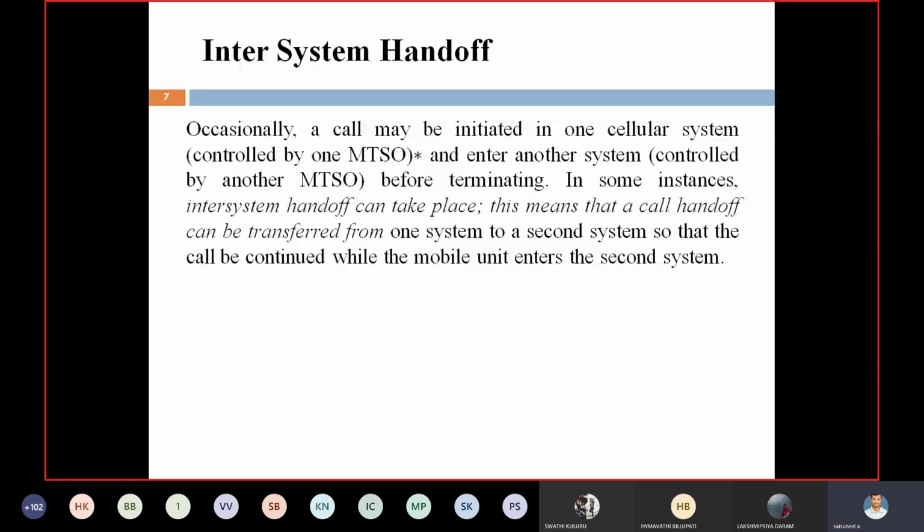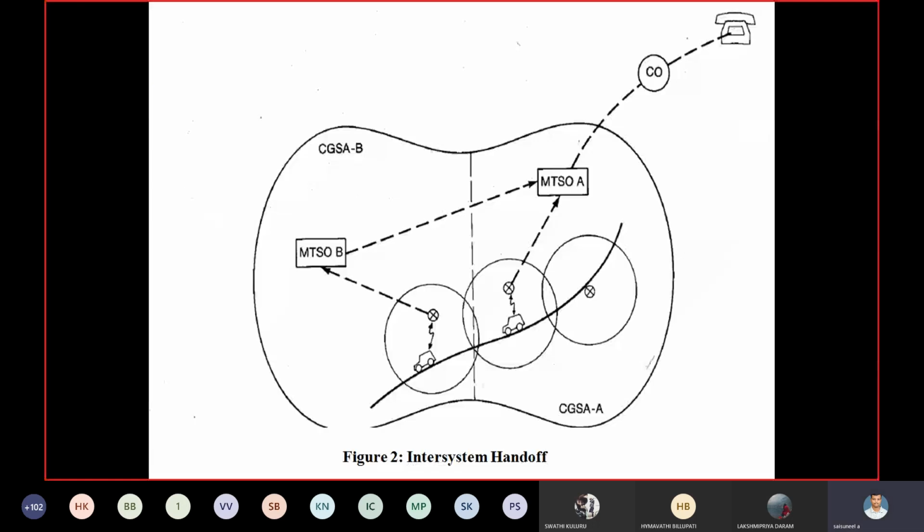I'm explaining this concept. See this figure. This is the CGSA. What is the CGSA? Cellular Geographical Service Area. This is for one telephone circle, A. This is another telephone circle, B. This telephone circle works with one MTSO, and this one works with another MTSO.